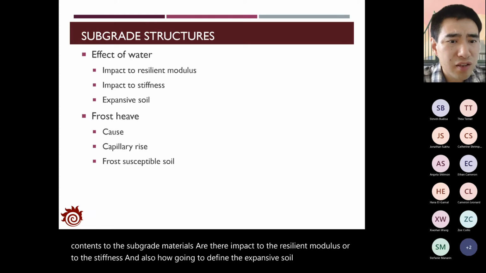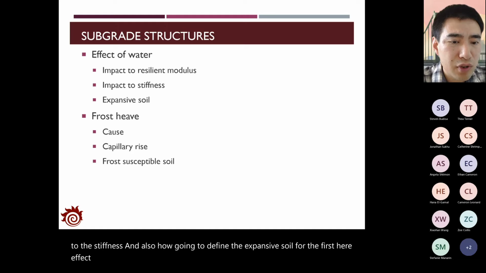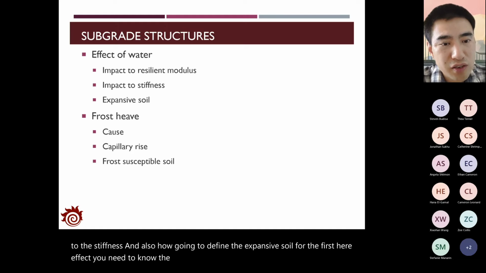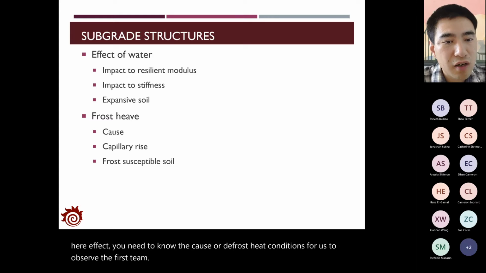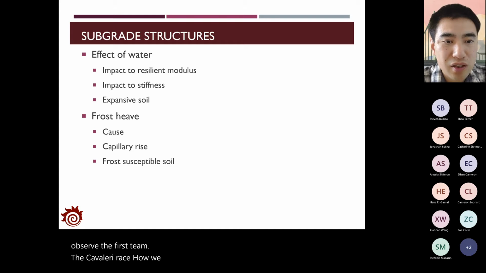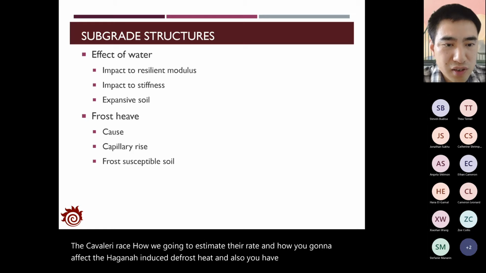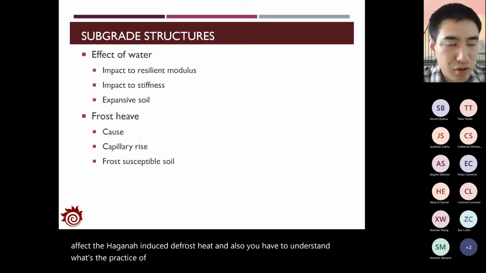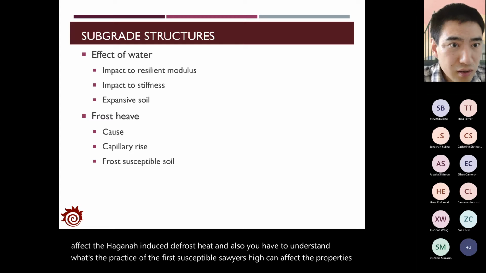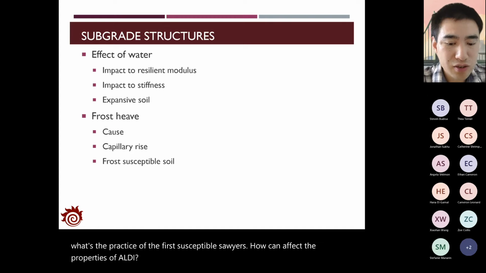For the frost heave effect, you need to know the cause of the frost heave, the conditions for us to observe the frost heave, the capillary rates, how we estimate their rate, and how we induce the frost heave. And also you have to understand the properties of the frost susceptible soils, and how they affect the properties or the functions of the subgrade structure.